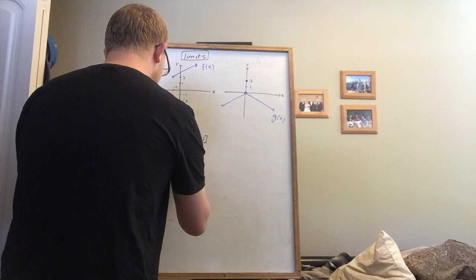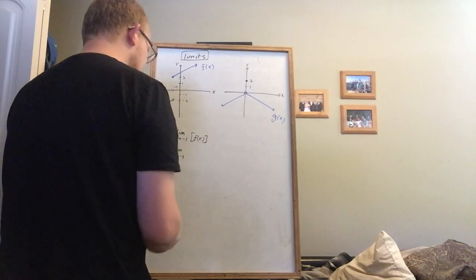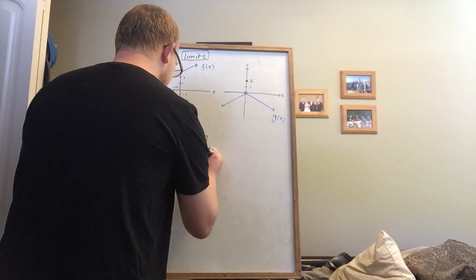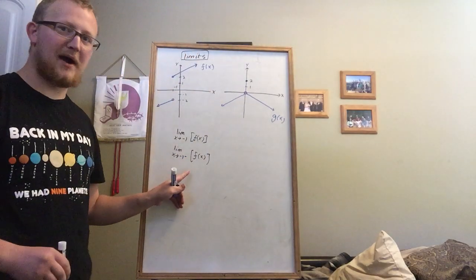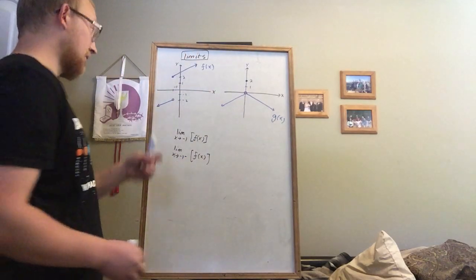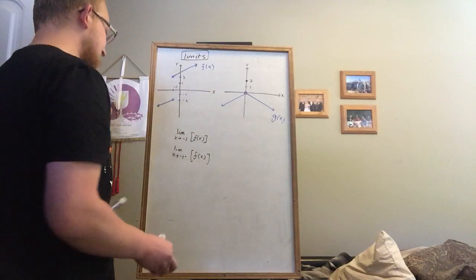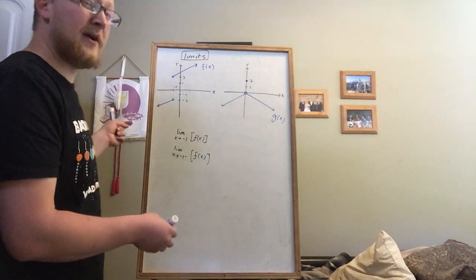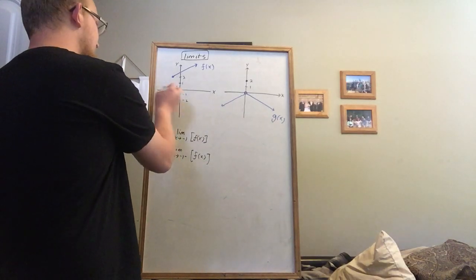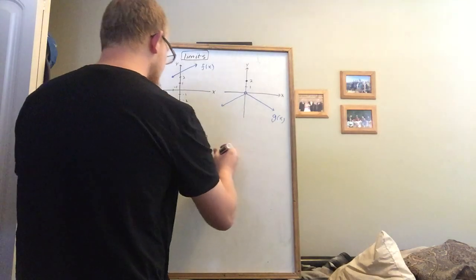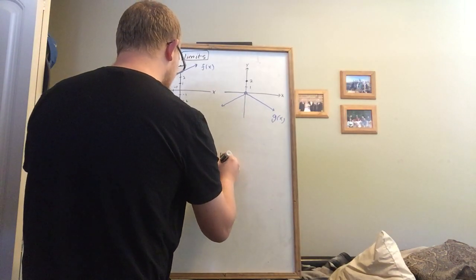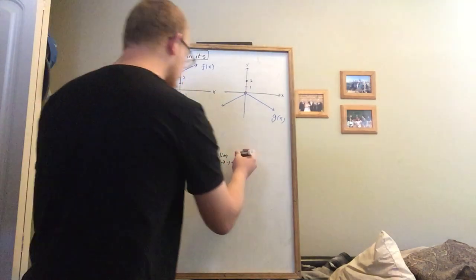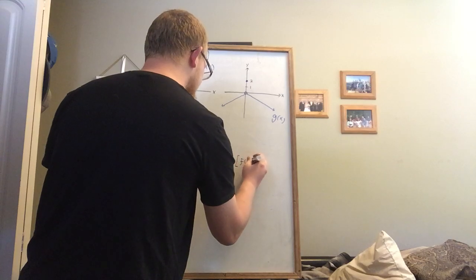Like, what is the limit as x approaches minus 1 from the left of f of x? You'll notice for the left I put a little minus sign on the right side of the 1. That means that we're going to approach it from the negative axis, from negative to positive, which is from the left. So we're going to the right, but we're coming into the left of where we're finding the limit. And then we also need to find the limit as x approaches minus 1 from the right. That's also the same function f of x.